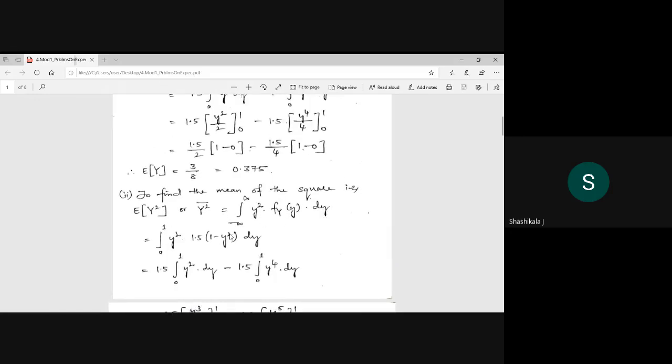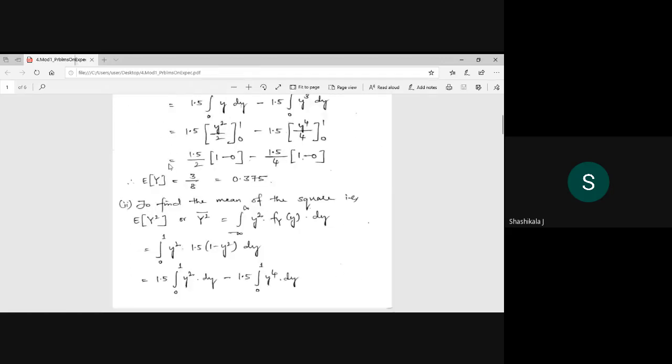For this integration, you should know integration well, and you should know integration by parts, if it is in inseparable form. You only have to remember those formulas.